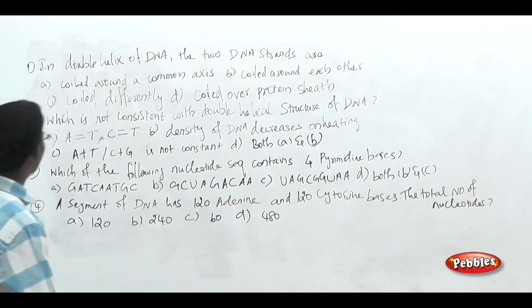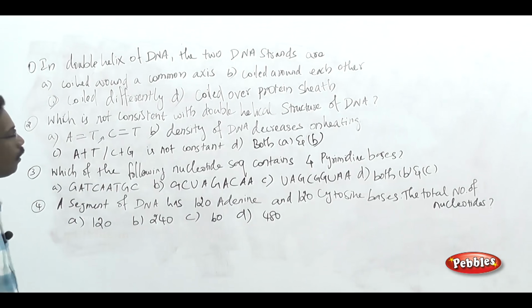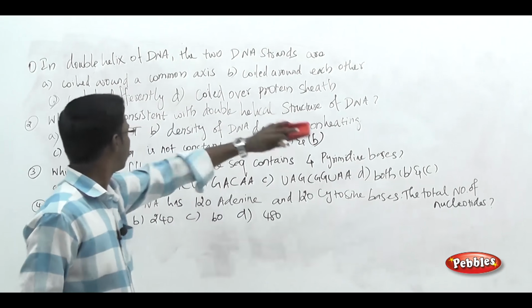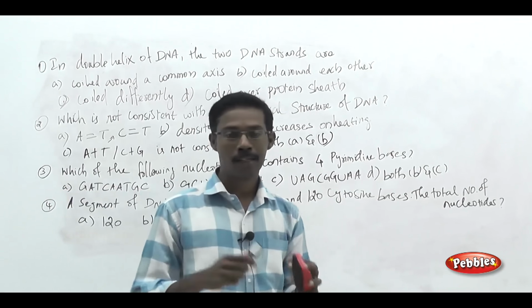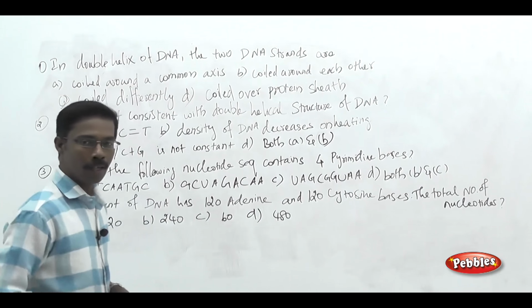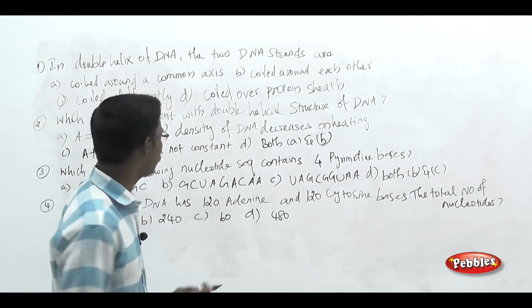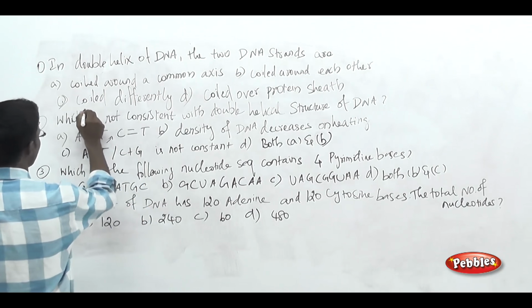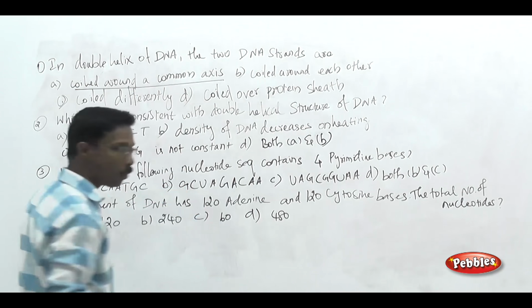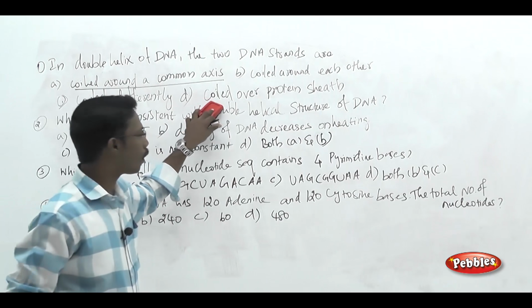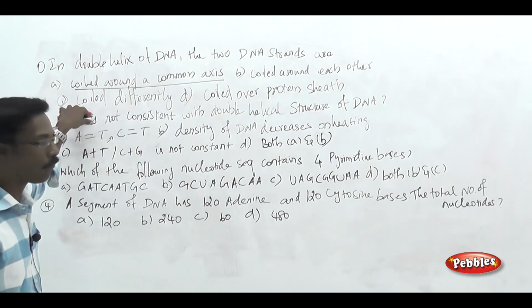See the next question. In a double helix of DNA, the two DNA strands are... here they are talking about the double helical and coiling nature of the DNA structure. See the choices: coiled around a common axis, coiled around each other, coiled over a protein sheath, and coiled differently.